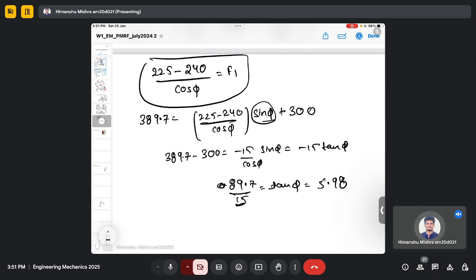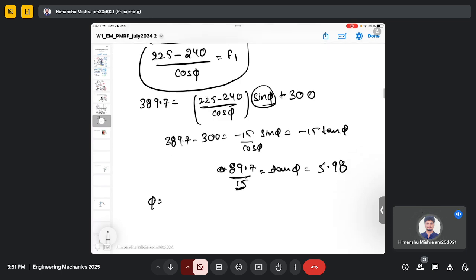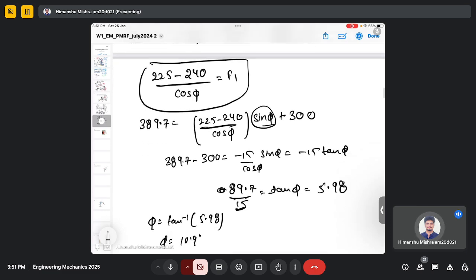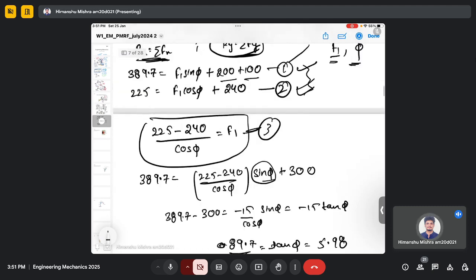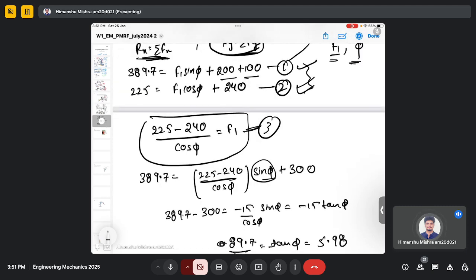So when you solve for phi you will have tan inverse of 5.98, so phi will be around 10.9 degrees. And when you substitute this value of phi in any of these equations, equation 1, equation 2, or even equation 3, you can get the result. Let's say I choose to substitute in equation 2.